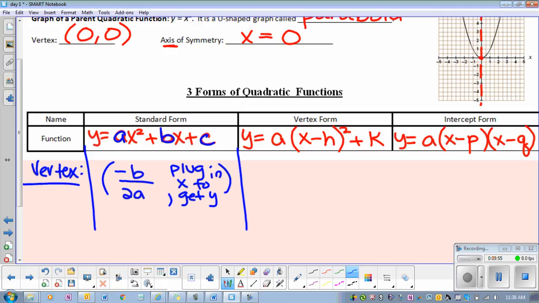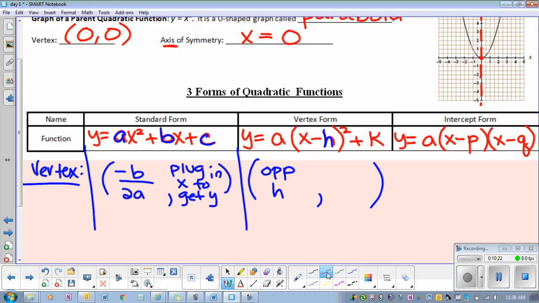For vertex form, I love it because it's there. You know the number right here, your h? You want the h number, but remember it's a negative. There's a minus h. So when you switch it back to your vertex, I think of it as the opposite h number. So if it says x minus 3, I think plus 3.